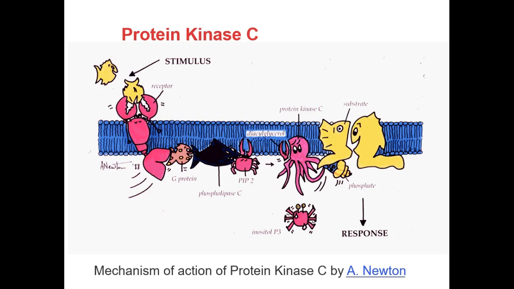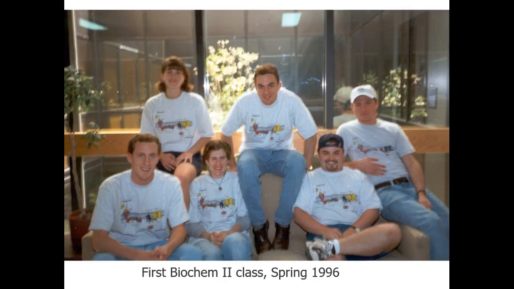Not only is she a great scientist, but she's also a great artist. She made these drawings of this fish, and here's the receptor which activates the G protein. Here's phospholipase C, and PIP2 is shown as this little crab which activates the octopus and then phosphorylates its substrate, and there's IP3. She made t-shirts with this.